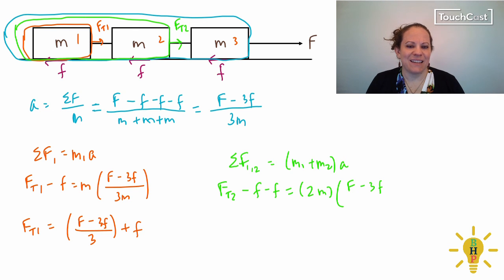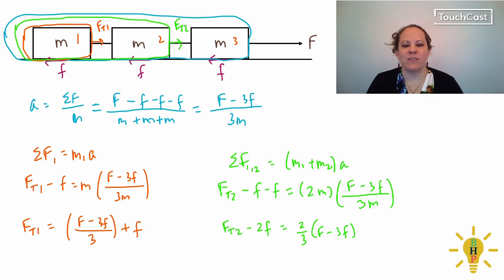Divided by 3m here. And so we've got tension minus 2f equals, really we're going to have 2/3 of F minus 3f.